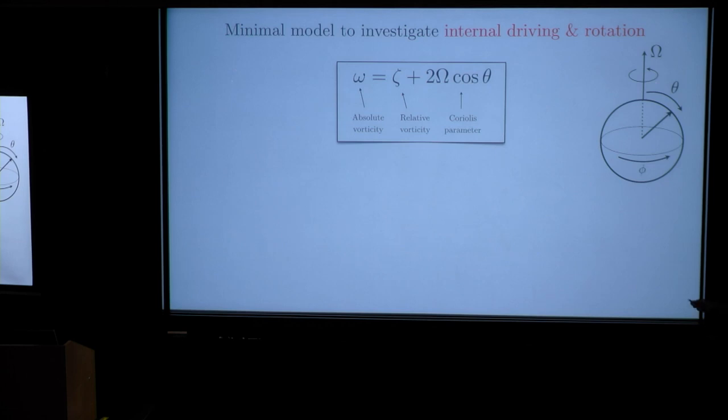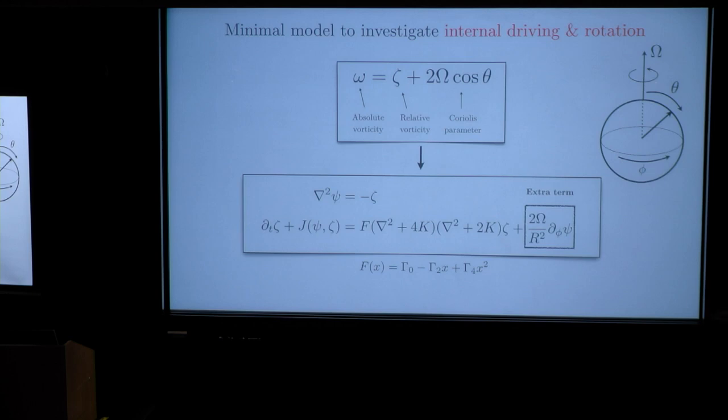Okay. So now what I want to do is take this model and start to consider it as a minimal model by considering rotation. So we want to investigate the interactions of internal driving and rotation. And when you want to do that, you consider the absolute vorticity. You decompose it into a relative vorticity, which is the vorticity in the rotating frame, and the Coriolis parameter, which is 2 omega cos theta.